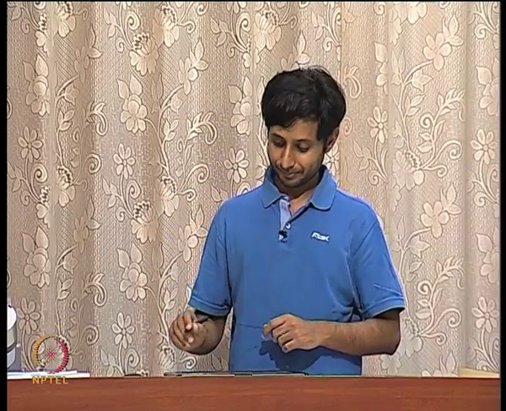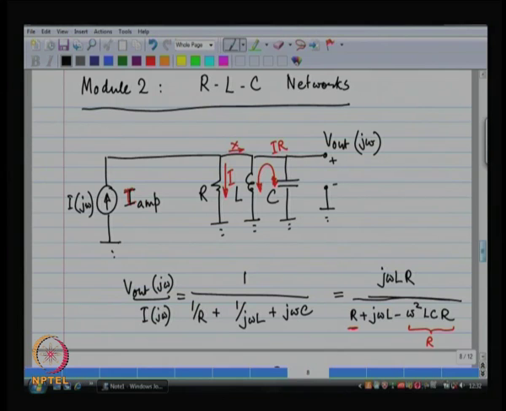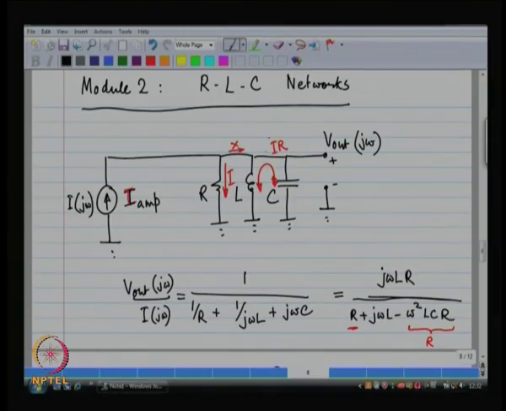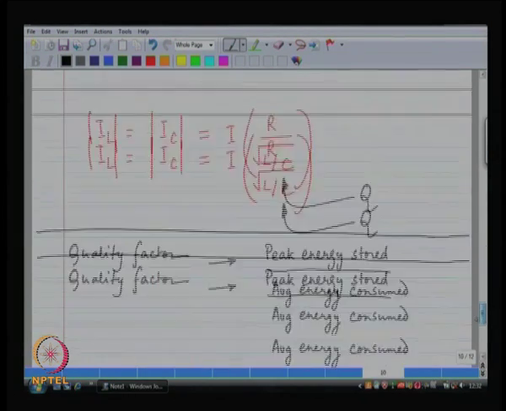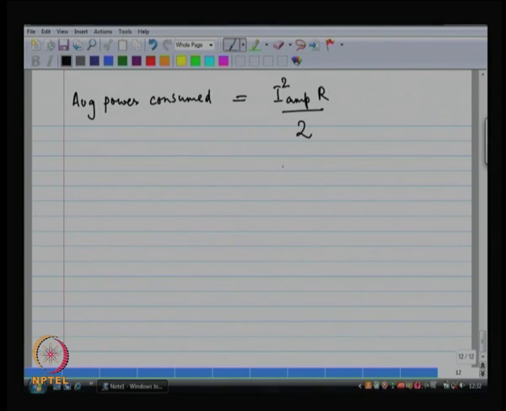The energy stored in a capacitor is half C V squared. The peak voltage across the capacitor is I amplitude times R. That is the voltage across the capacitor. So, I amplitude times R, that is the peak voltage.